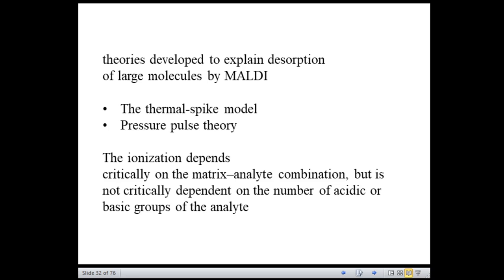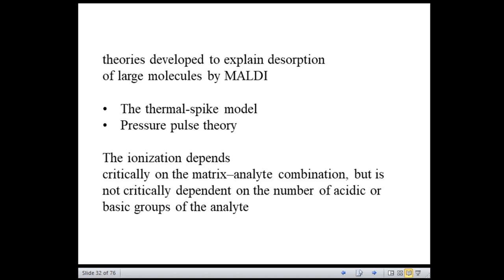Right. So essentially what we are trying to understand here is the role of a matrix. It helps in strong absorption of the laser light energy, and it causes the analyte to vaporize. And we have two important models to understand the process of desorption.